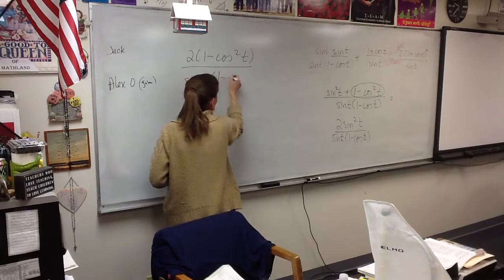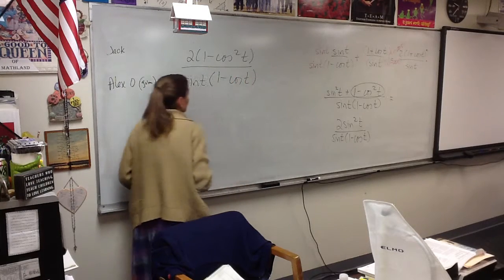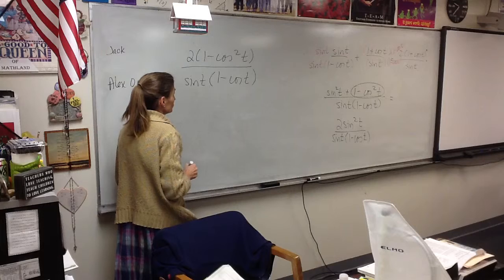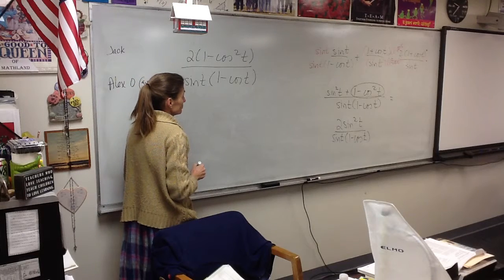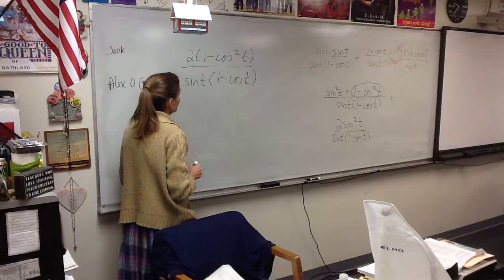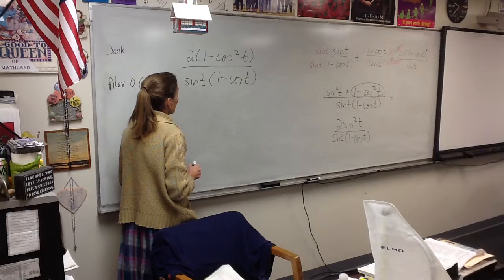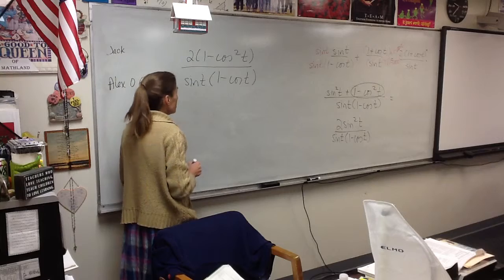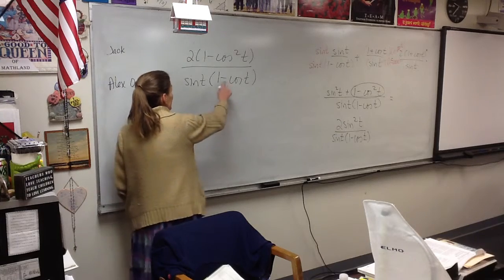Okay. And this is where it gets a little foggy. Can you cross out the 2 and the cosine squared and the cosine at the bottom? No. You can't? No, because they're attached to the minuses.